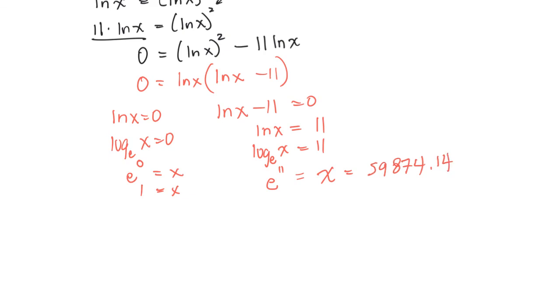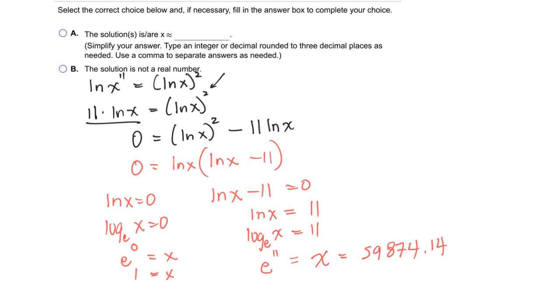Now in the question, how many decimal places do they want? 3 decimal places. Okay, so I have two answers. One will be 1, and the other will be 59,874 point, oh, I need another decimal place, 142. Okay, so those are the logarithmic equations. Try them. If you have any questions, give me a holler.